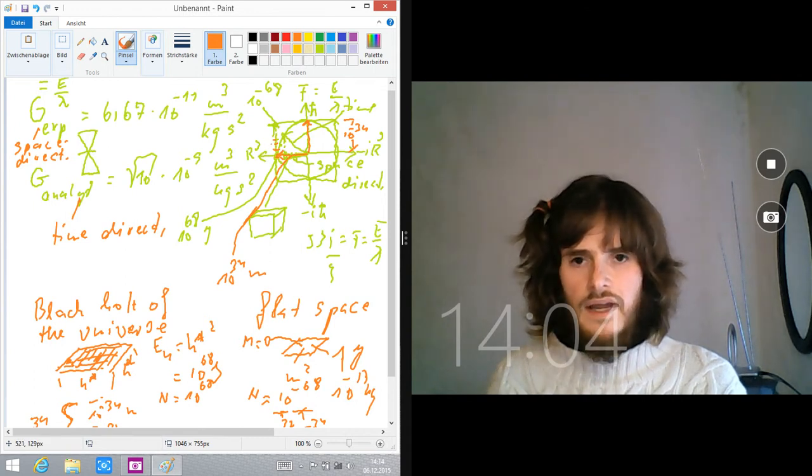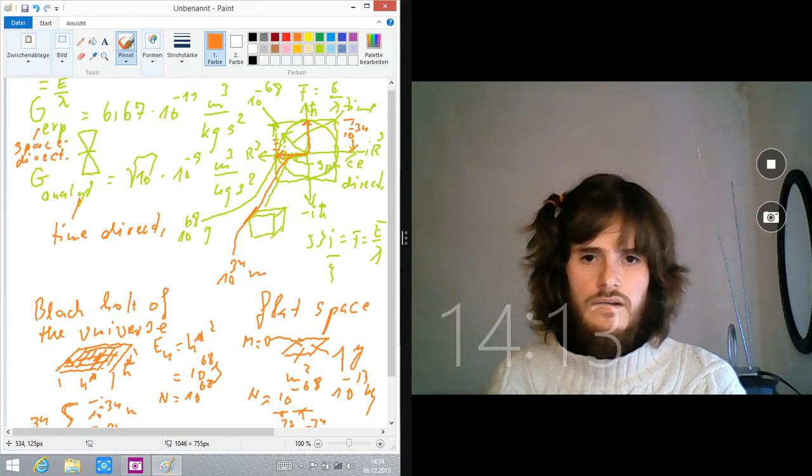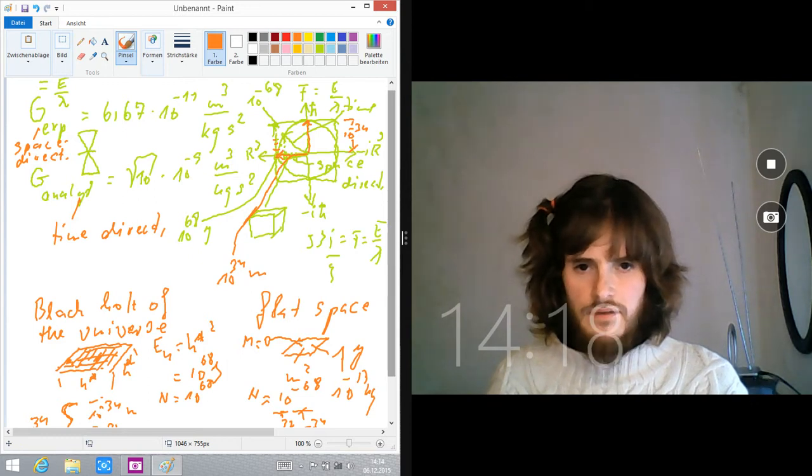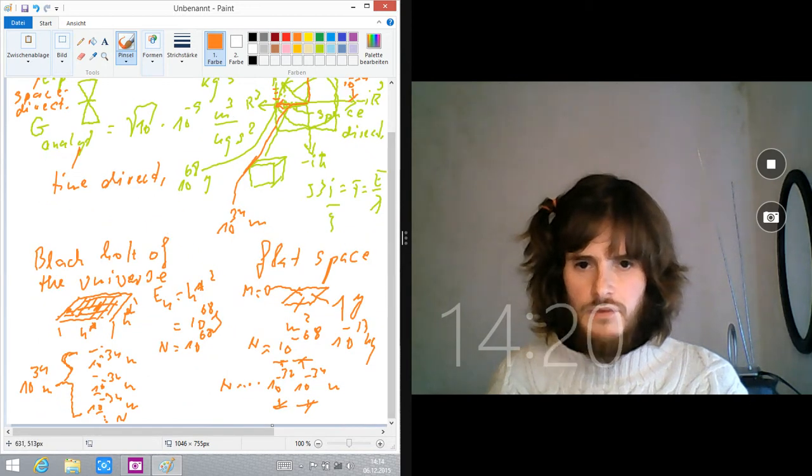And this is quite a low value, and thereby the micro black holes are not opened so much.